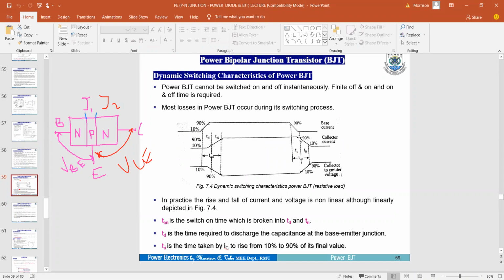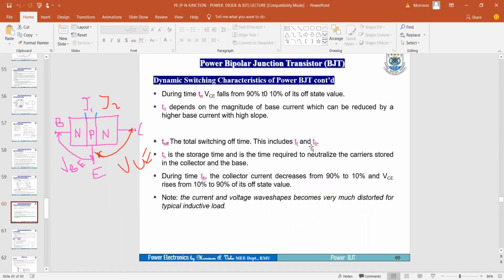If it's going to reduce, it simply means that we are reducing the base current, but it will not entirely go off until the base current reaches a certain value. That is what we are describing here. So the VCE falls from 90 to 10 of its off-state value. Your TD depends on the magnitude of the base current, which, like I was saying, can be reduced by a higher base current with high slope.